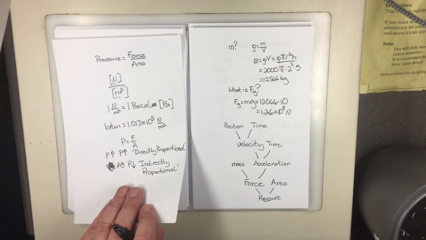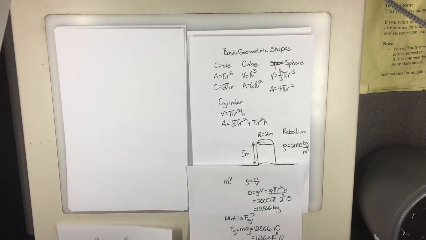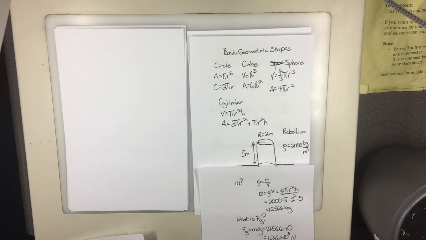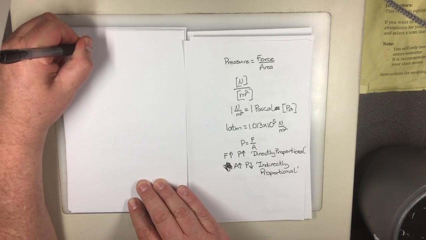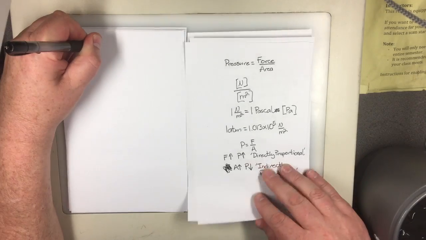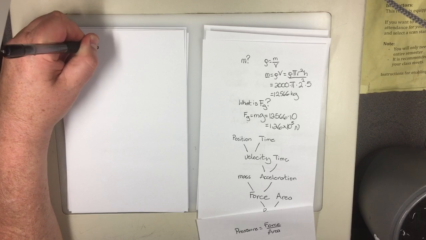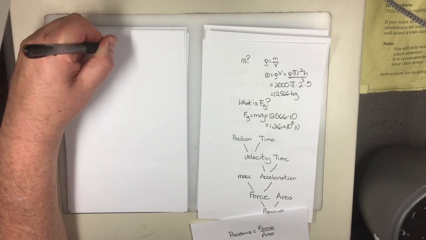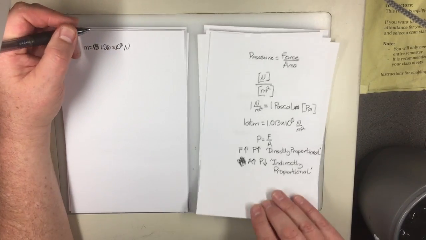Now, let's go back to that steel cylinder problem, which has a weight of 1.26 times 10 to the 5th newtons.